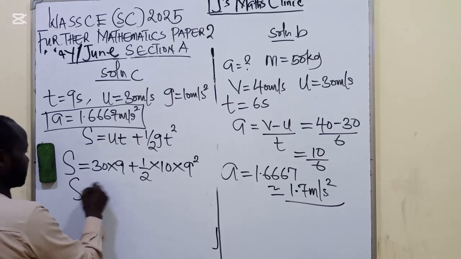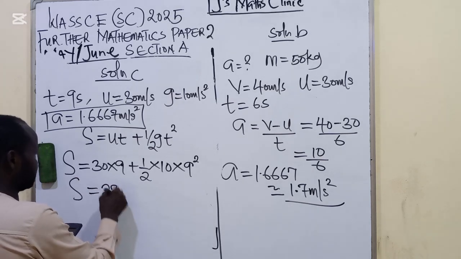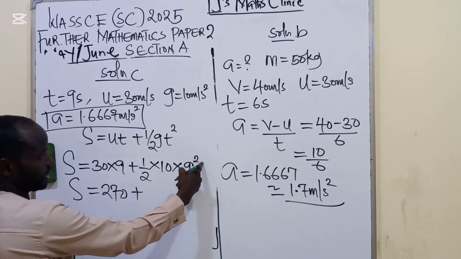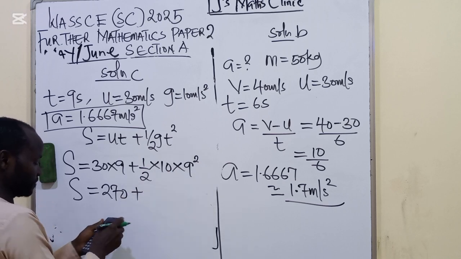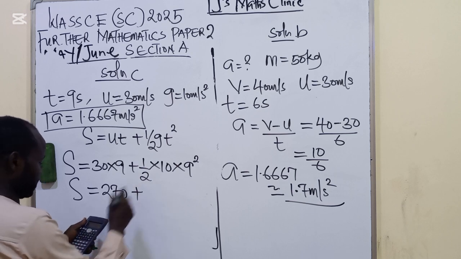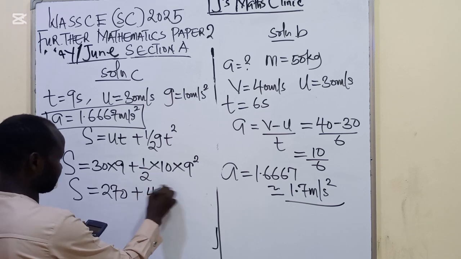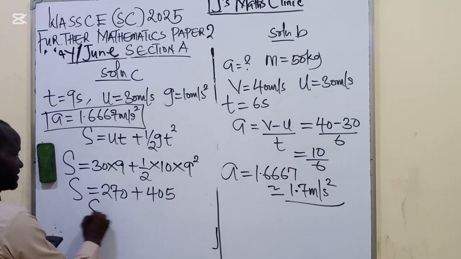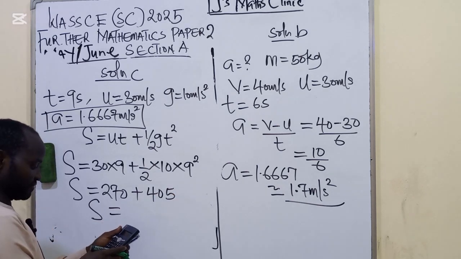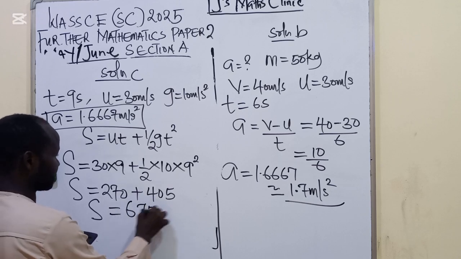So the distance s now will be 30 times 9, that's 270, plus 9 squared is 81 times 10, that's 810 divided by 2, that will be 405. So we add, the distance now will be 405 plus 270, that will be 675 meter.